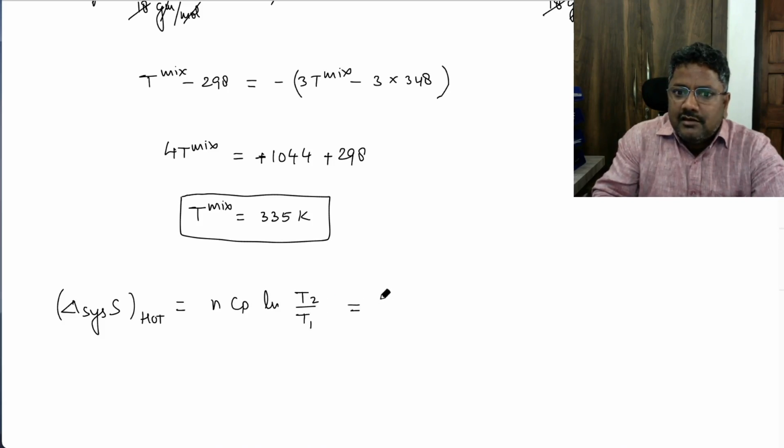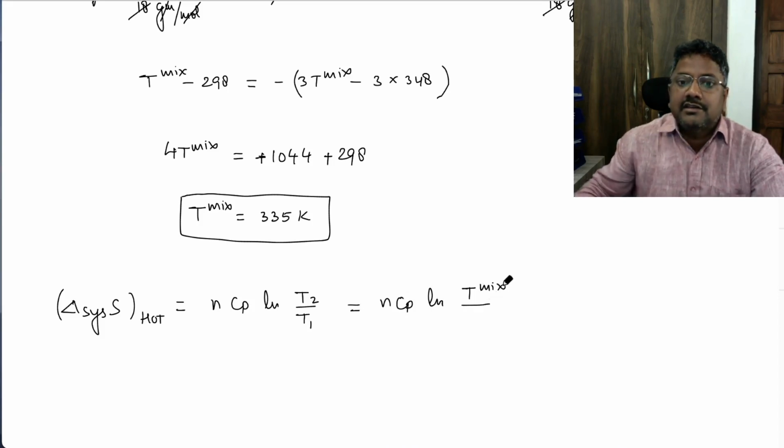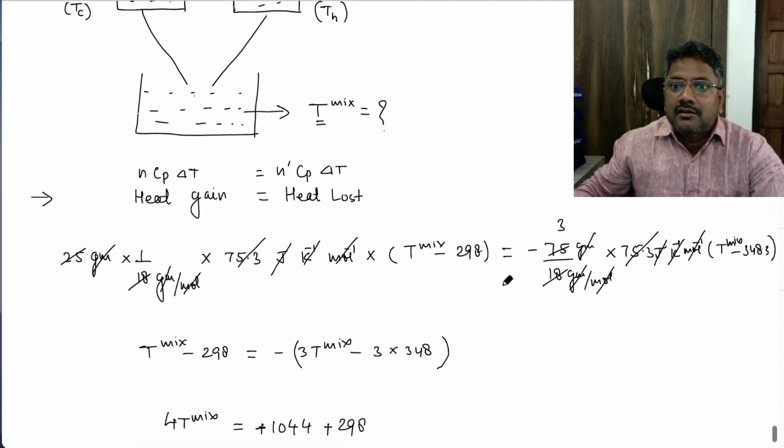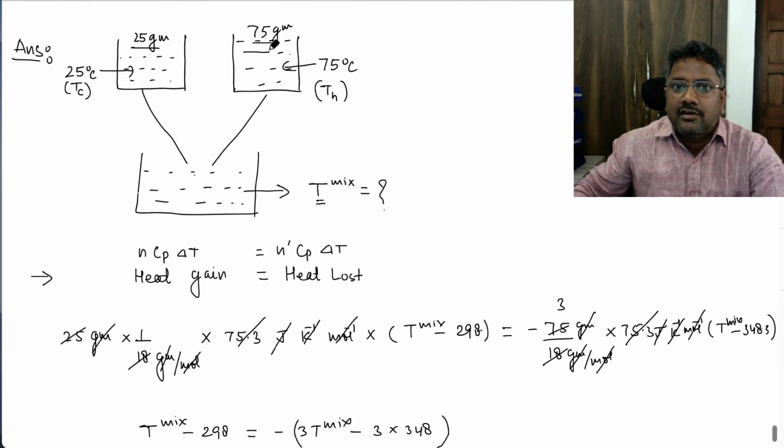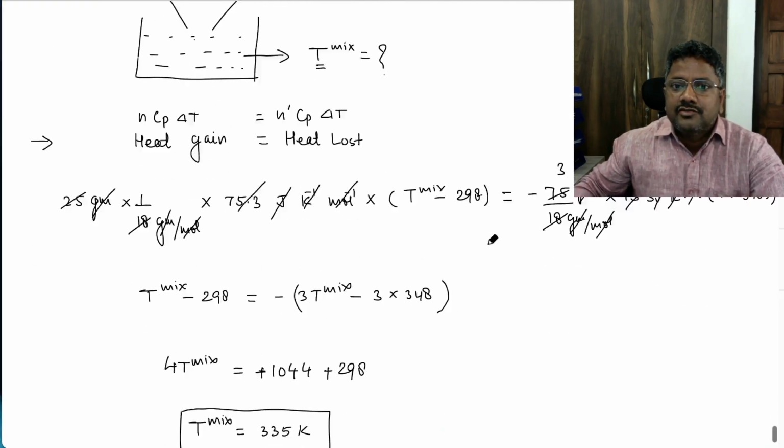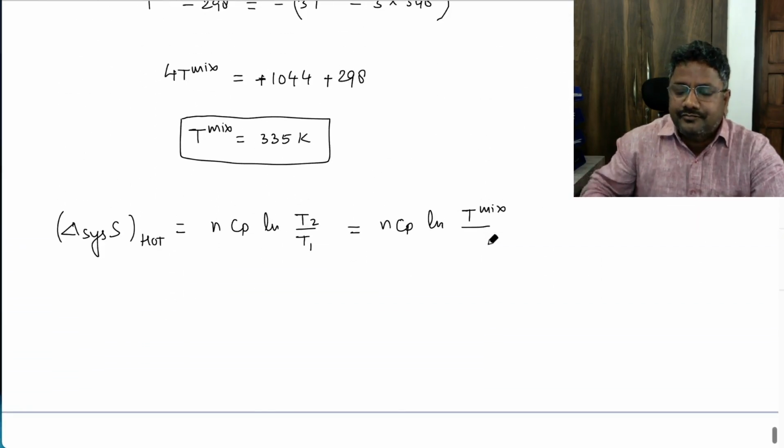So this is equal to n Cp ln T mixture. This is the final state T2, and the initial state is what? 348, the hot one is this. So 348, 75 degrees Celsius, right?